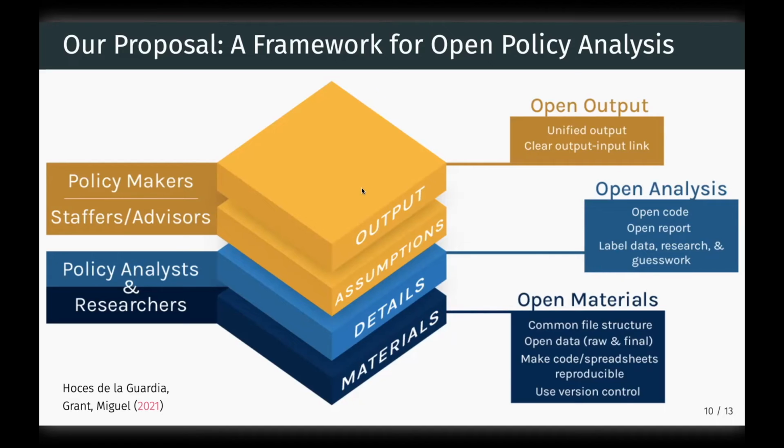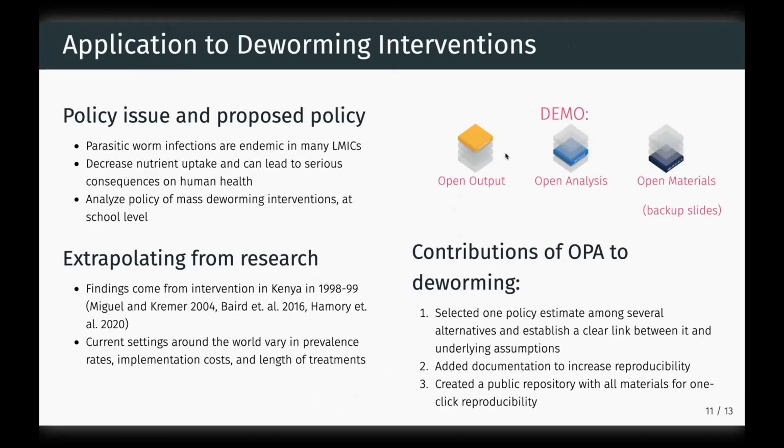So these are pretty abstract ideas. This is where having an application to a specific policy comes in very handy, and this is where I'll spend most of the remaining presentation talking with you. The specific policy that we're going to build an application of open policy analysis on is deworming interventions.